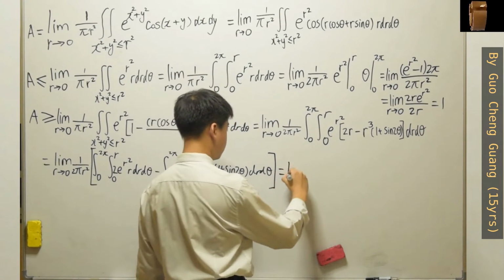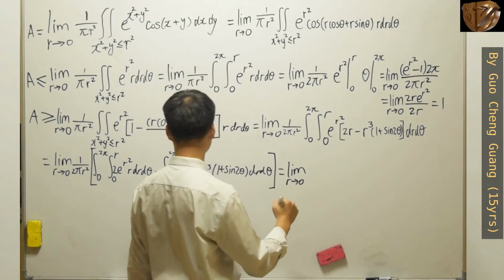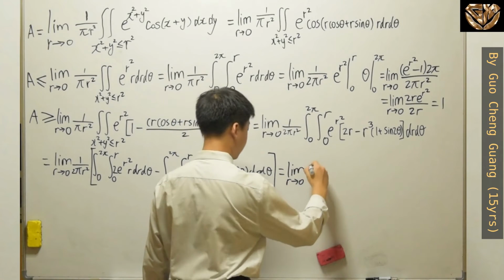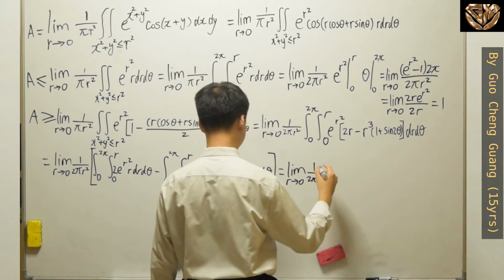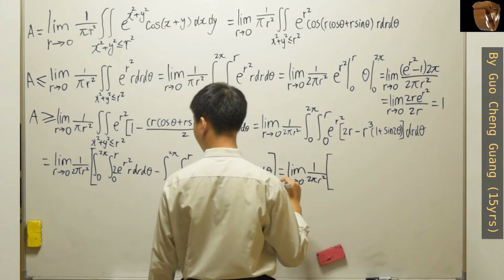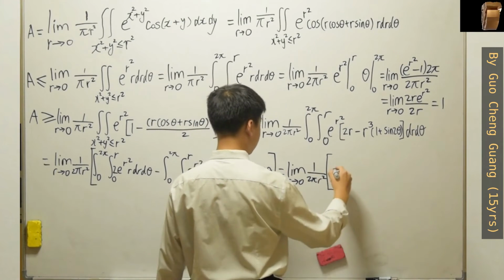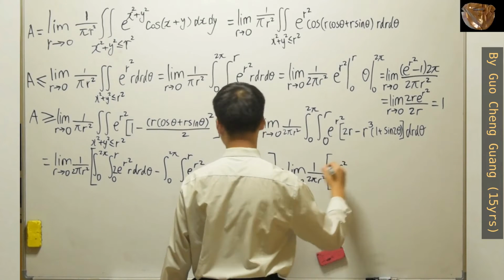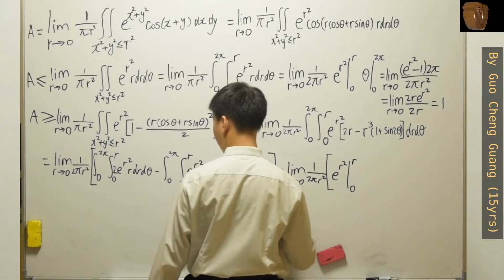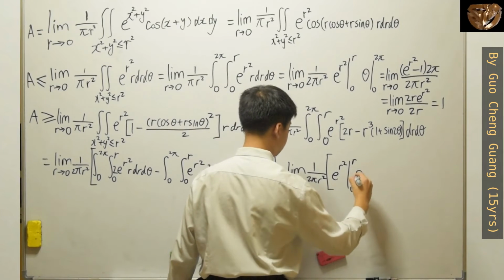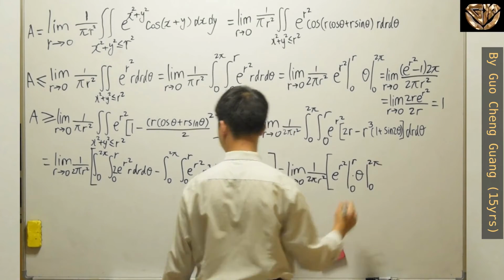Alright, so you are going to see limits. R approaches 0. And you're going to have 1 over 2 pi r squared. Now, the first term, you put them inside and you have e to the power of r squared, which you can substitute in 0 and r, and of course you multiply onto theta, which you can substitute in 0 and 2 pi.